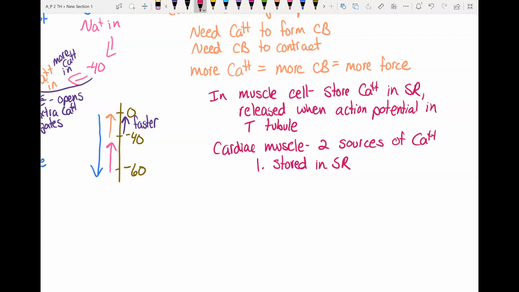So when that action potential from the node reaches the cardiac muscle cell, it's going to stimulate the sarcoplasmic reticulum to release that stored calcium, just like you learned about back in chapter 10. But you also have a second source. Extracellular calcium will enter the muscle cell.